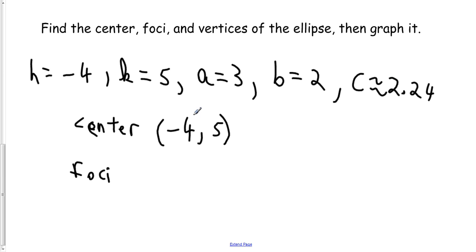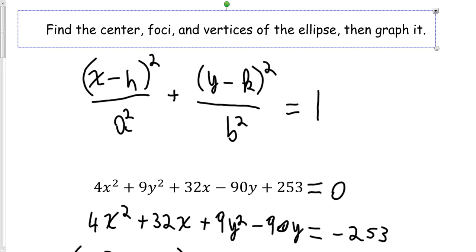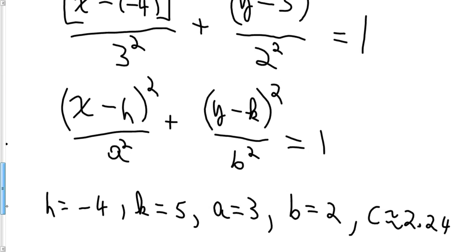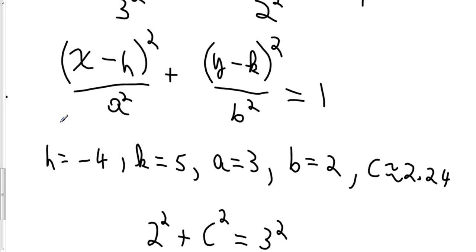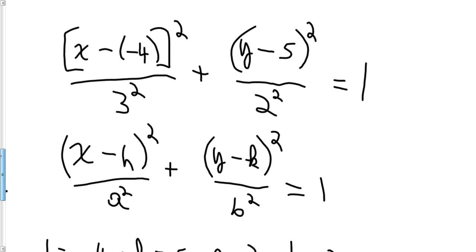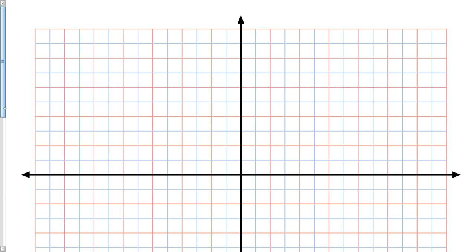And since the major axis is horizontal, and I know that because the larger number is underneath x in the formula, you see that? 3 squared is 9, 2 squared is 4, 9 is larger than 4. It's associated with x. That's how I know the major axis is horizontal.